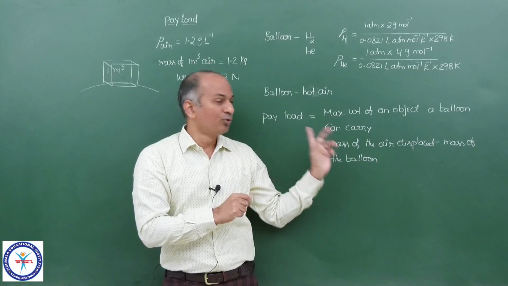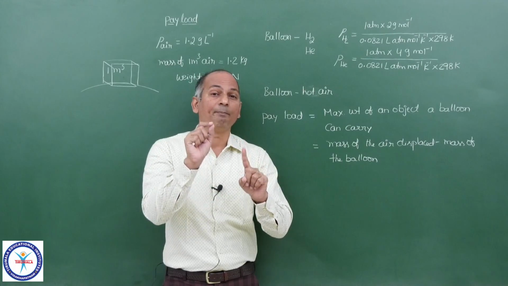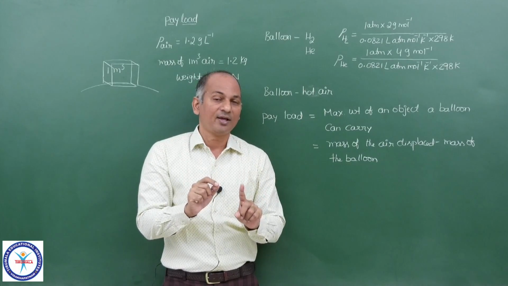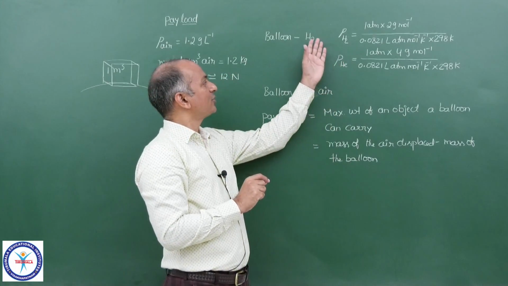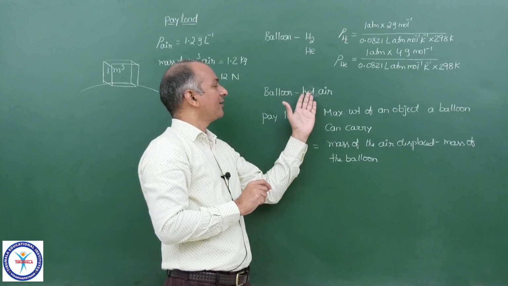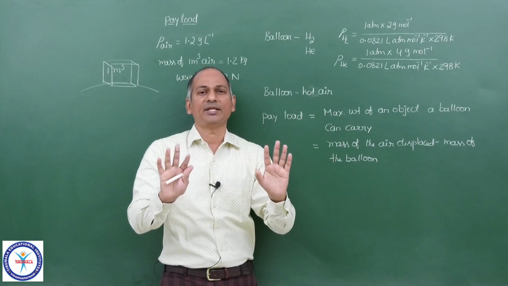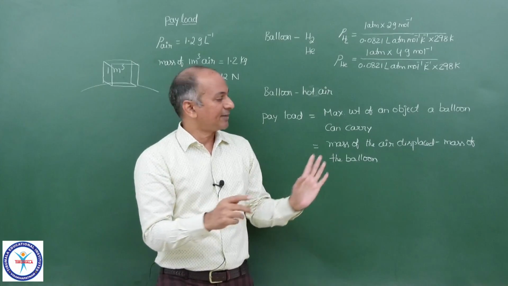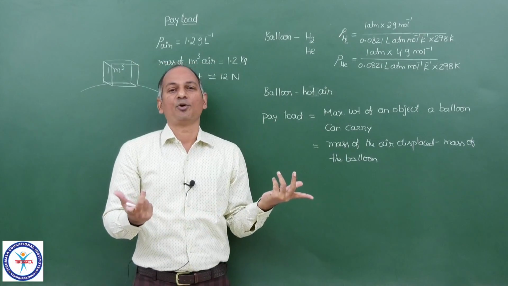Now mass of the balloon, first add the mass of the material with which the balloon is made of. Then you take the mass of the air inside. The gas can be hydrogen, the gas can be helium, the gas can even be atmospheric air at high temperature. Whatever may be the case, we can calculate the weight. And by substituting those two values, you will get the payload. So this is all about payload.